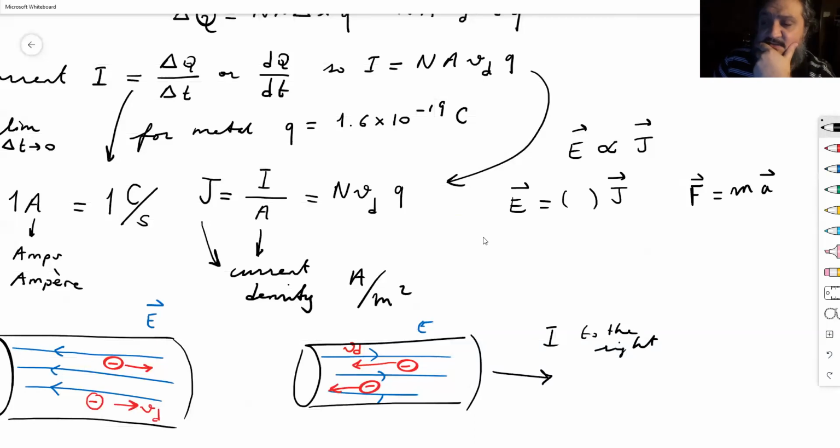And if this constant is small for a given electric field, your current density will be greater, right? So if that number is large, you have small current. So it is a measure of resistance, okay? You're resisting the motion of the electrons.